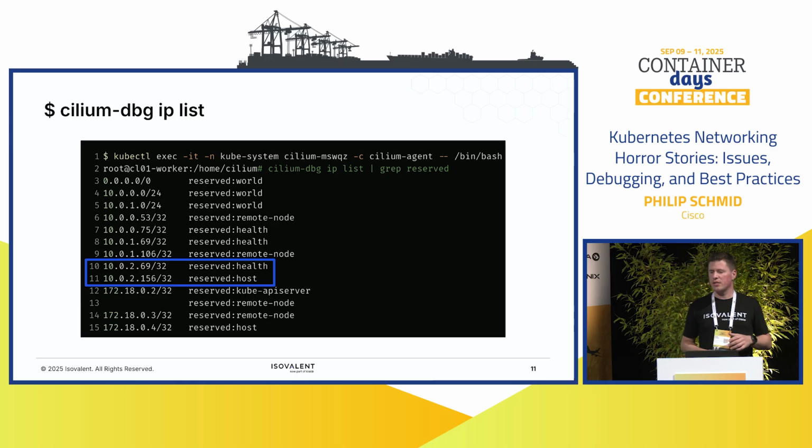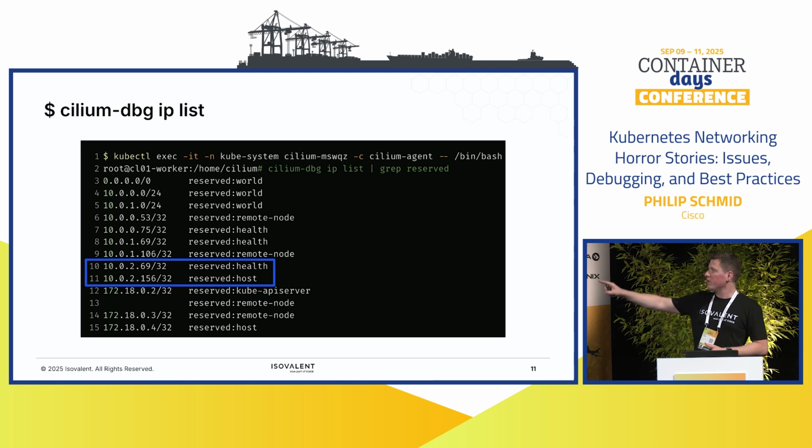Now we can also dig a little bit further and kubectl exec into the Cilium agent pod, and from there we can list all the IPs that are currently known to this node by using cilium debug ip list, preferably combined with a pipe to grep something, because the list can be quite long depending on how many pods you have within your cluster.